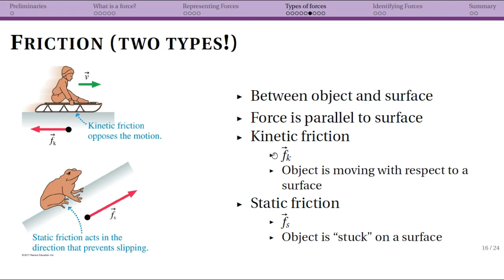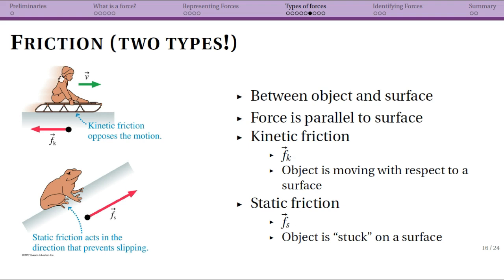The symbol we use for it is lowercase f, a kind of curly f, with a K subscript to represent kinetic. You could also write capital F, meaning force, sub F and K, but we're going to start adding other subscripts, so it's nice to use a lowercase curly f to represent friction, and then sub K or sub S to represent kinetic versus static.